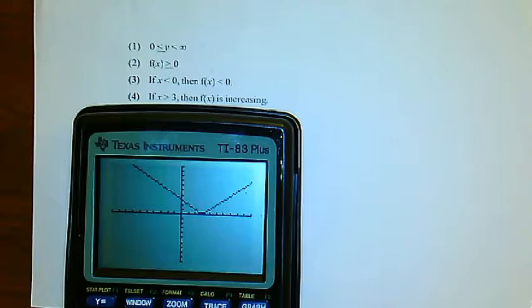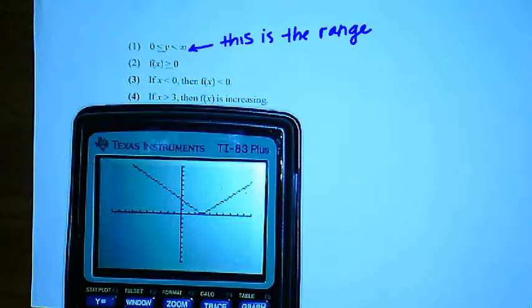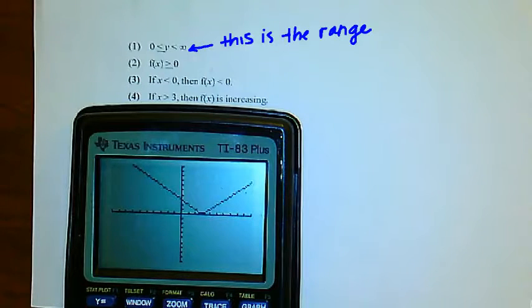And so y goes from 0 to infinity. That's what this says right there. So that actually is the range. Also, if you look, number 2 is the range as well. So that is always true because they're the range.